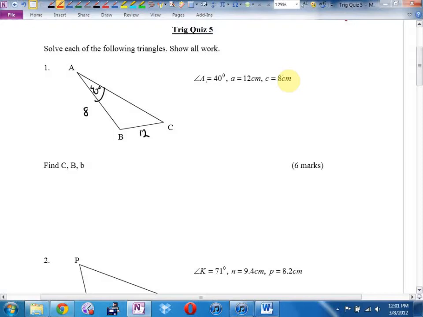Find angle big C. Okay, well, I have a pair right there, so I'm going to use the sine law. I'm going to say that the sine of 40 over what's across from it equals the sine of big C over what's across from it.